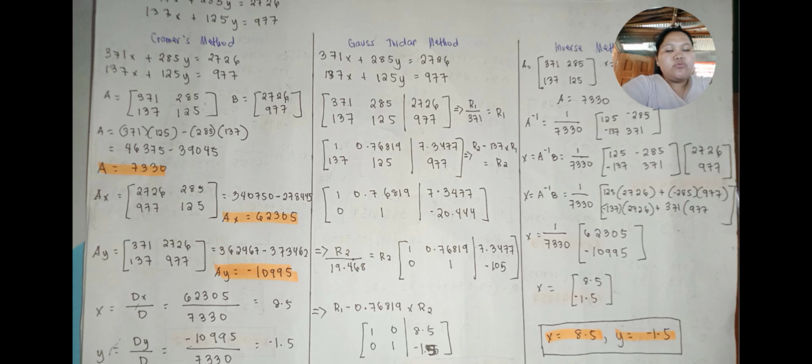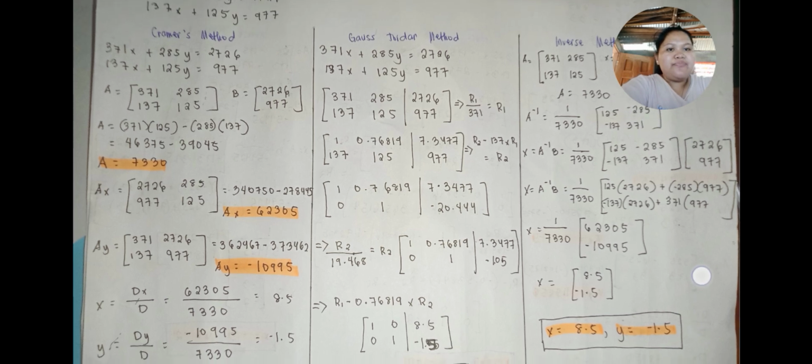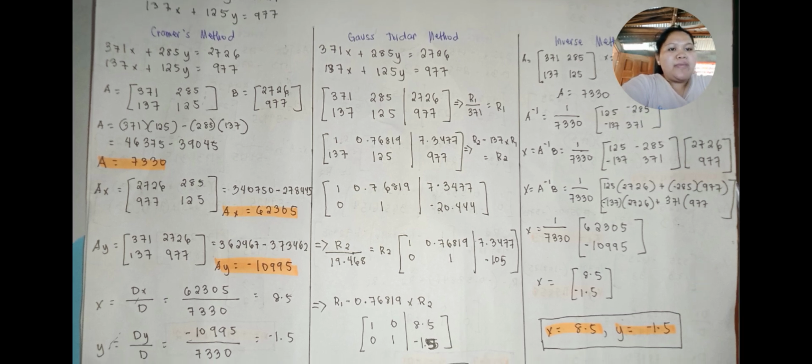Next is Gauss-Jordan, in order to get another answer and see if they are equal. So we are going to apply the augmented matrix. The formula given in order to make row 1, column 1 into 1 is row 1 divided by 371.